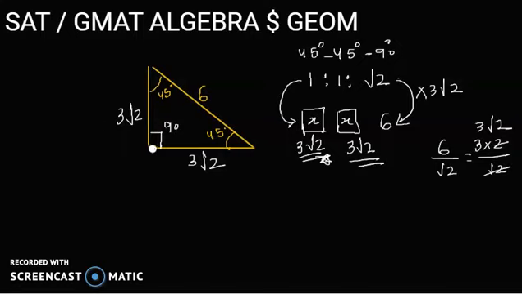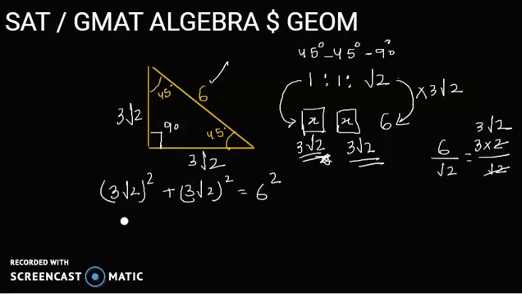Now just to check, once you have got this answer, whether your answer is correct or not, you can use Pythagoras theorem to verify the result. Pythagoras theorem says 3√2 square plus 3√2 square should be equal to 6 square.